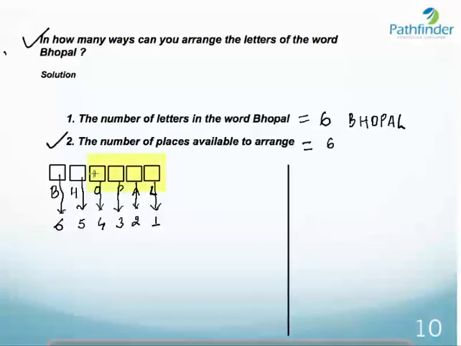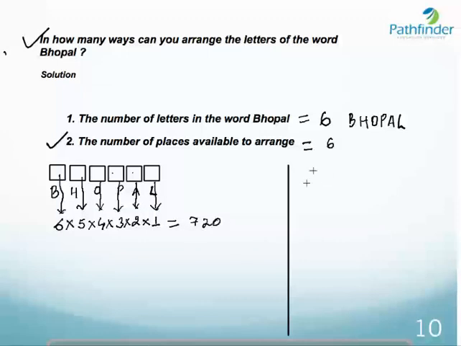And similarly, the third, the fourth, the fifth, and the sixth place can be allocated in 4, 3, 2, and 1 ways respectively. And because all the letters have to occupy, therefore, there will be a multiplication sign between each of these numbers and we will get 720 as the answer.